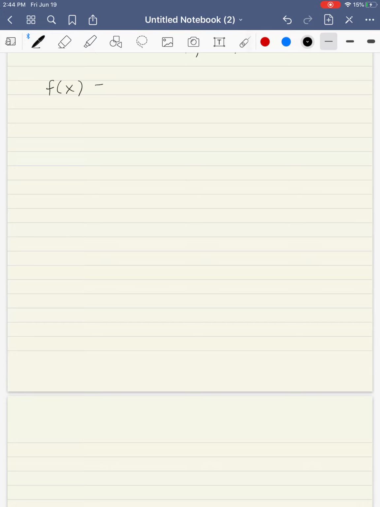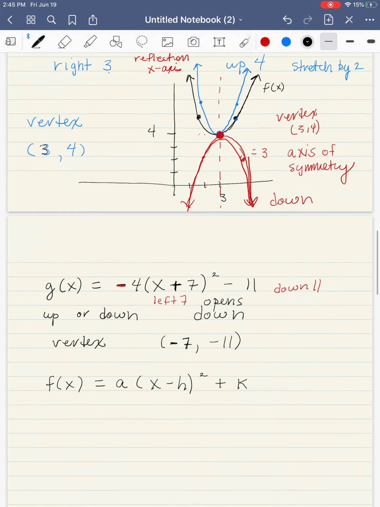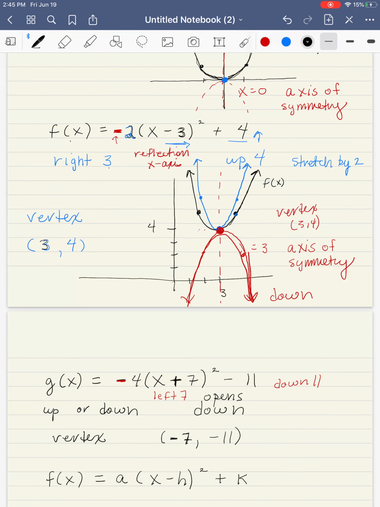If I were to write this as a formula, f of x equals a times x minus h squared plus k. We're going to see that we can use the numbers here, the h and the k and the a, to find out information.